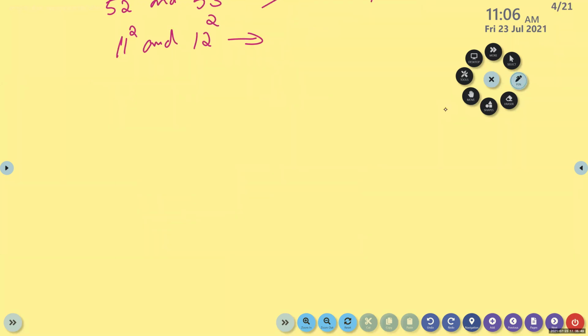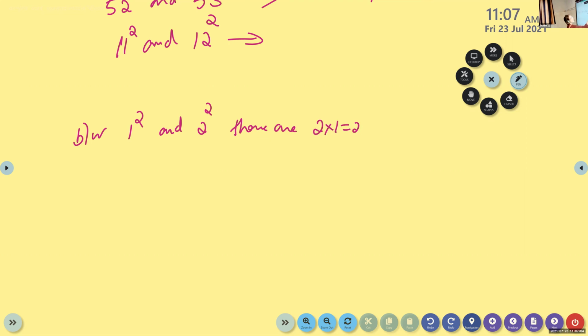Nasreen, between 1 square and 2 square, there are 2, that is 2 into 1 non-perfect square numbers.